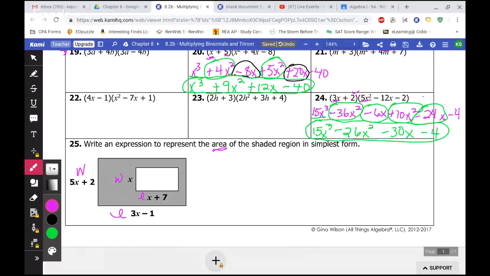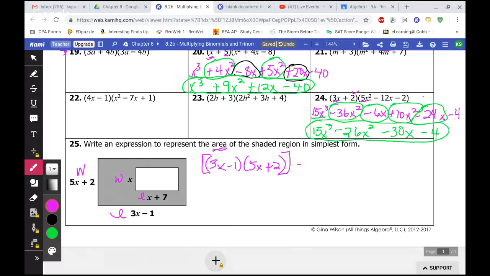For the shaded area, I'm going to have to take the area of the whole thing, which is going to be 3x minus 1 times 5x plus 2. So that's going to be the area of the whole rectangle.